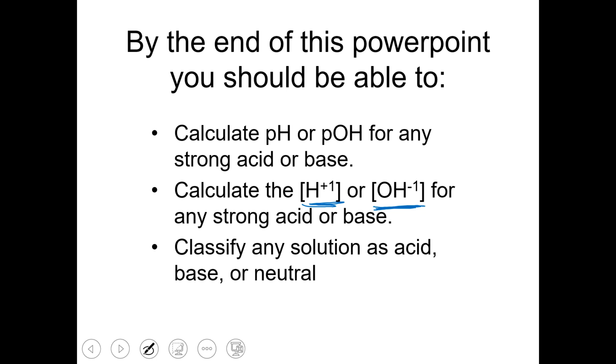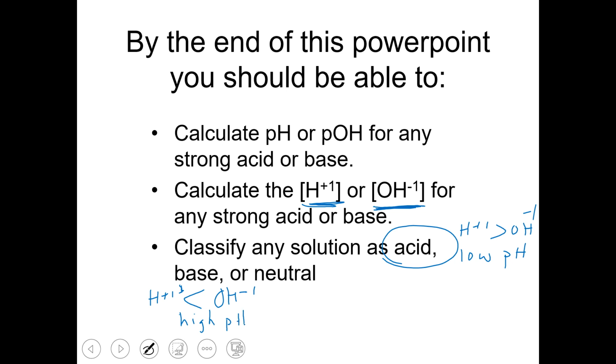And now you also know two different ways that you can classify. An acid has hydrogen ions greater than hydroxide, or it has a low pH or a high pOH. For a base, there's less hydrogen than there is hydroxide, or it's going to have a high pH.